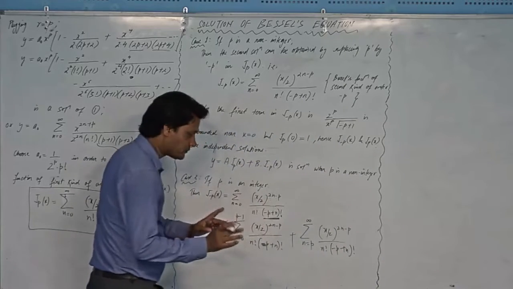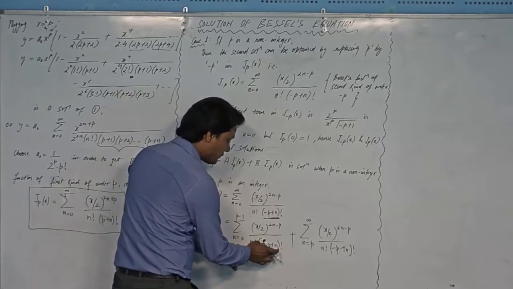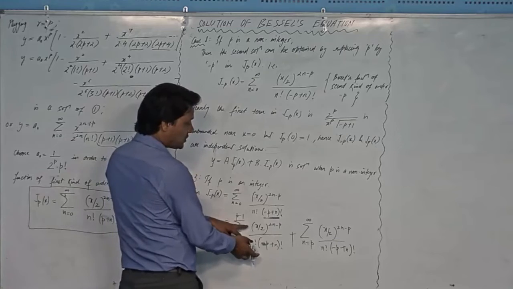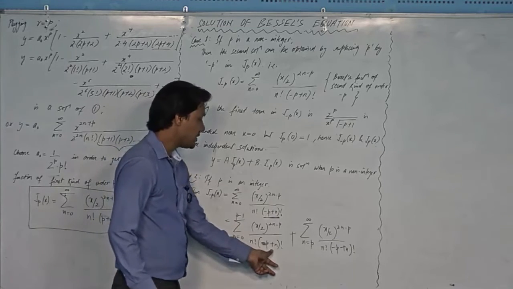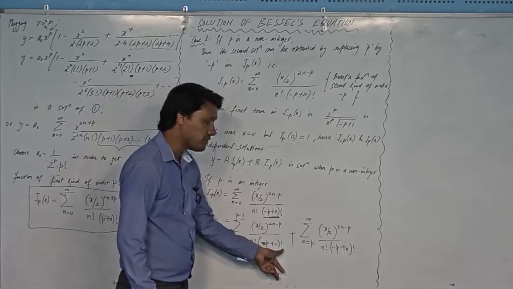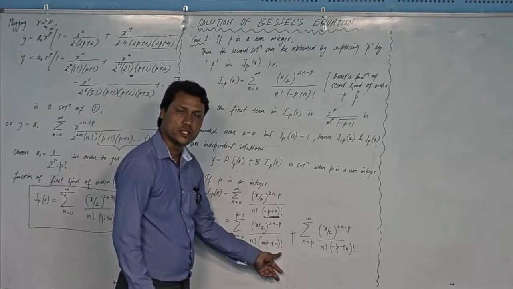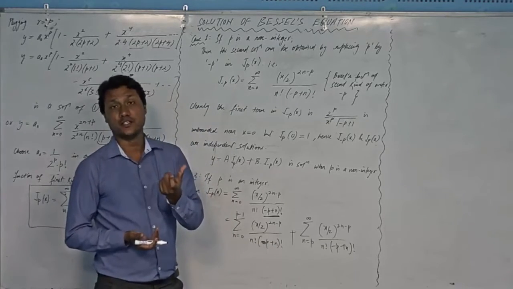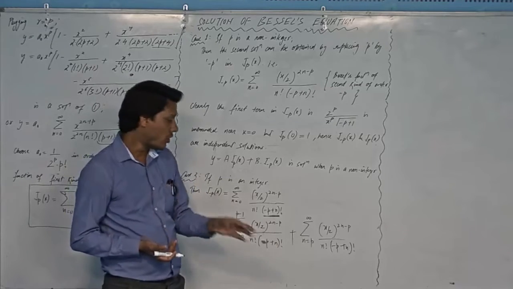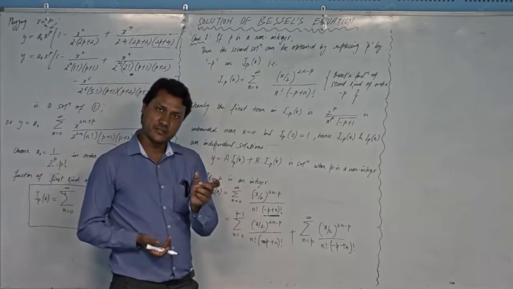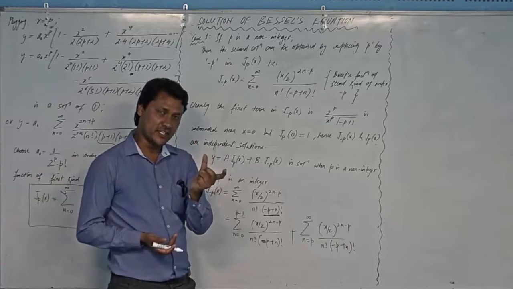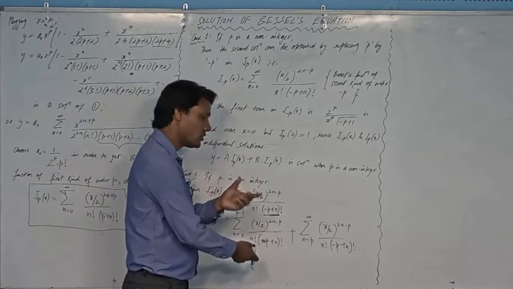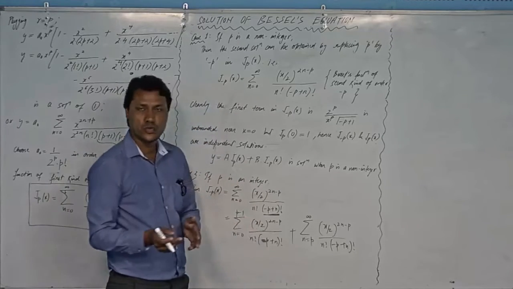And due to that fact, all of these terms will go to 0, because in all of these terms you will have minus p factorial, minus p plus 1 factorial, minus p plus 2 factorial, and all the denominators will be containing the factorial of a negative integer, right? And in all the denominators you will have minus infinity, and since you have minus infinity in the denominators of all of these terms, all of these terms will go to 0 ultimately.